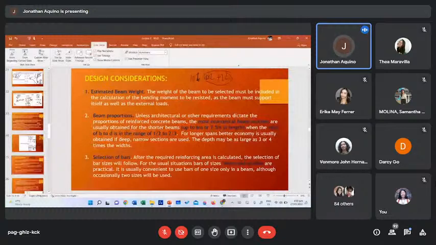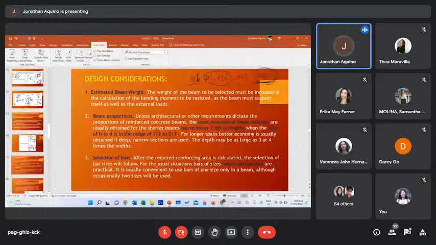Because what we usually do is assume 10%, then once you get the beam size, check if your 10% is right. If it falls short, go back and compute again the actual moment, then check the capacity, until the assumed weight of the beam equals the design dimension you obtained. Then for beam proportion, for the most economic section, the ratio of b and d is 1/2 to 2/3.